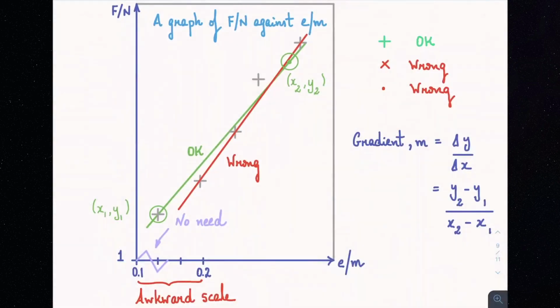The scales need not start from 0. You may choose to start at whichever value you want, which may be different for both axes, as I'm showing here. And you do not need to use any particular symbols, such as the one shown here, so there's no need for this.